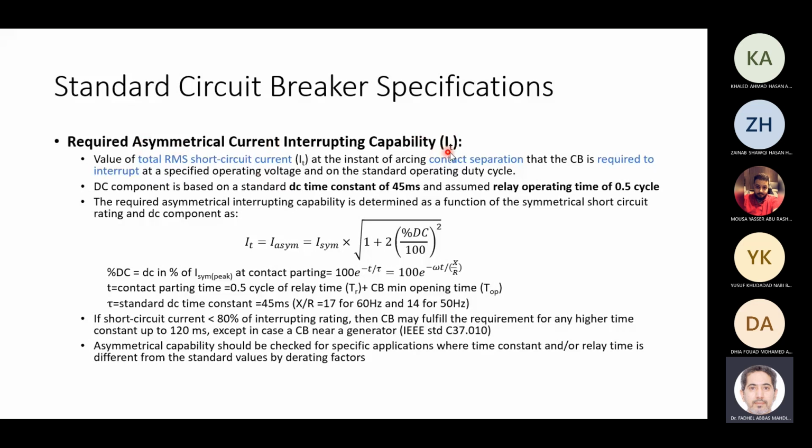So this is like the total breaking capacity, which represents the total RMS value that includes both AC and DC components at the contact separation time, which is at contact parting time.